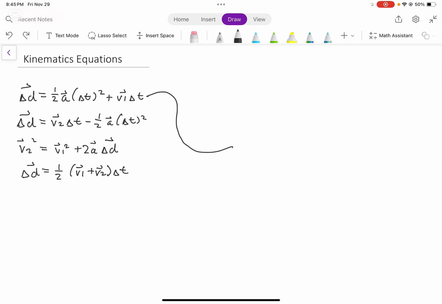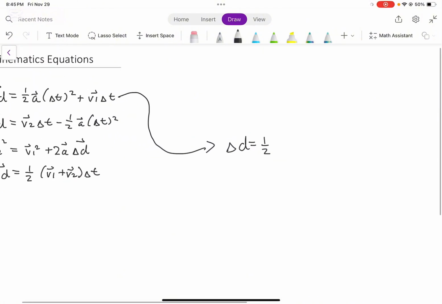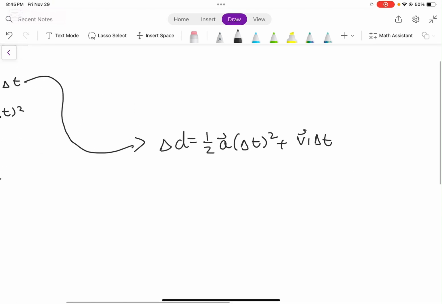If we look at this equation right here in specific, we have delta d is equal to 1/2 a delta t squared plus v1 delta t. Sometimes you'll be lucky and your delta d will drop out, or maybe this v1t will drop out and you're left with 0.